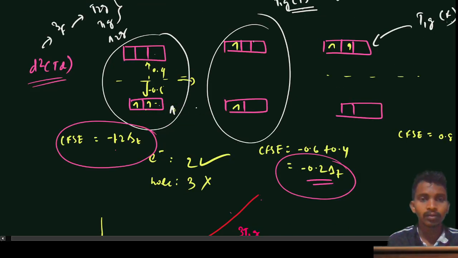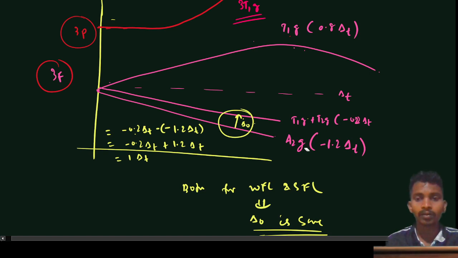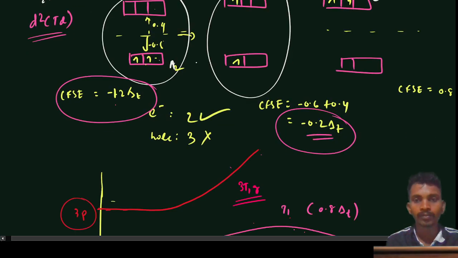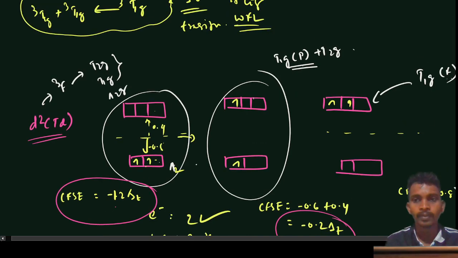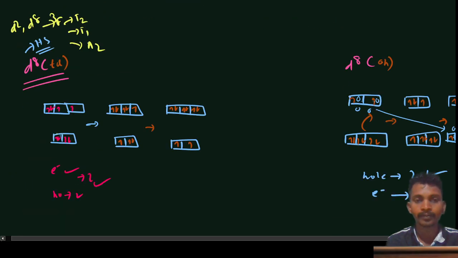Please note that it is only A2. The g will not be there, so please correct it. If it is tetrahedral, then the g will not come. Please look, if it is tetrahedral, then this g will not come.